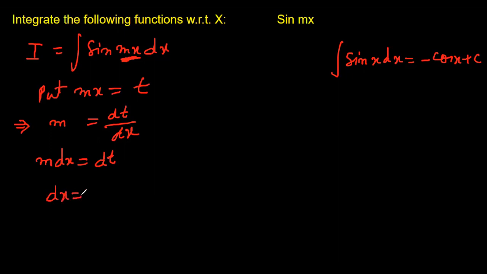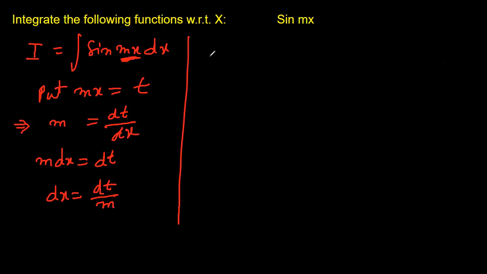Well, dx is equal to dt divided by m. Now our aim is to change this integral into the variable t. So our integral I will look like integration of sine t, and this dx can be written as dt by m.